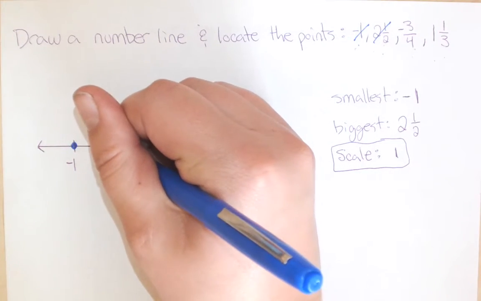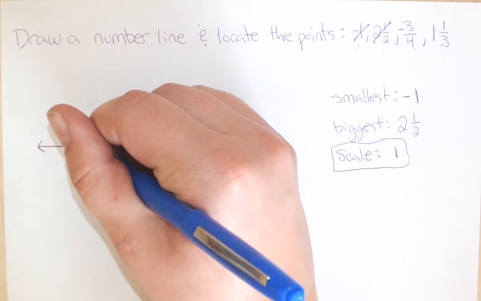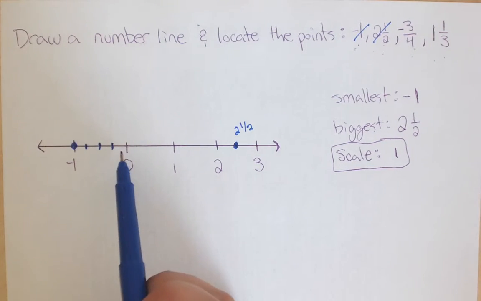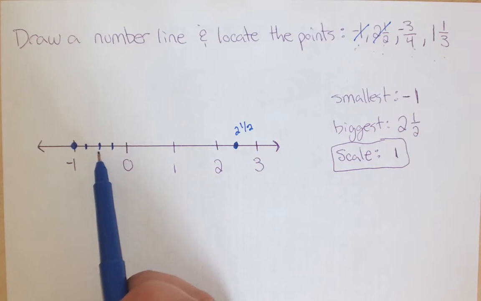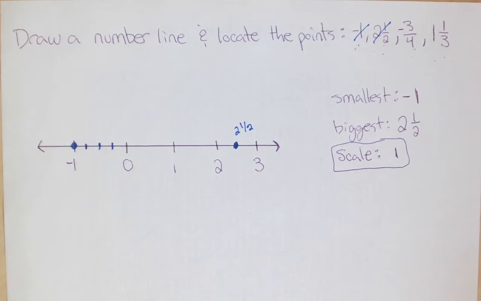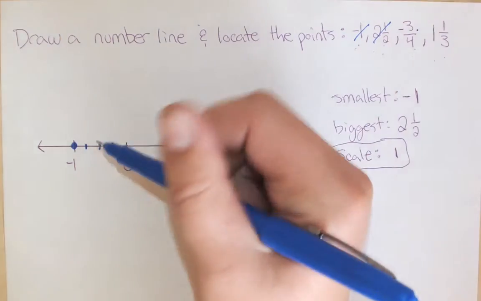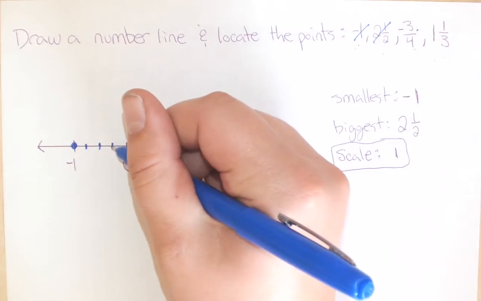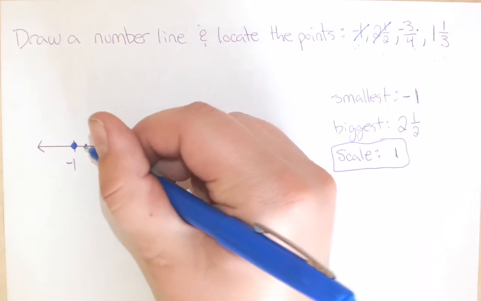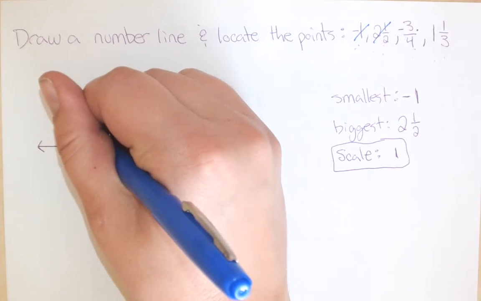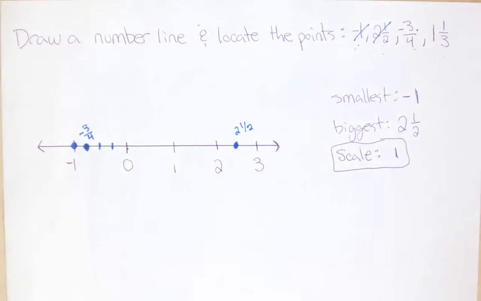So I'm going to split this as best I can into 4 pieces. Notice I only drew 3 lines, but between those I have 1, 2, 3, 4 spaces created. I want to plot this on -3/4. So I started at 0, count -1/4, -2/4, -3/4. That would be this spot right here for -3/4.